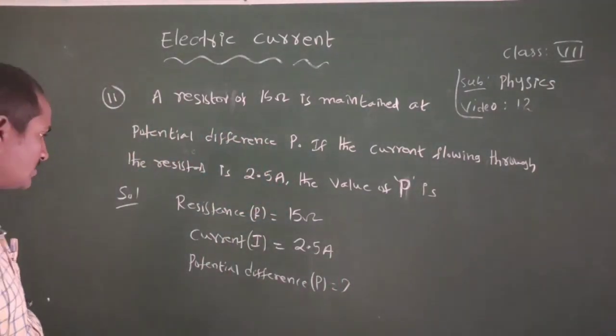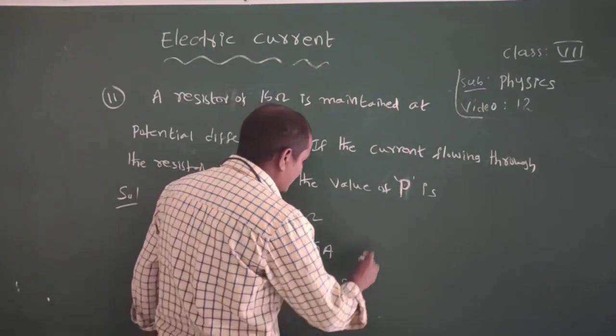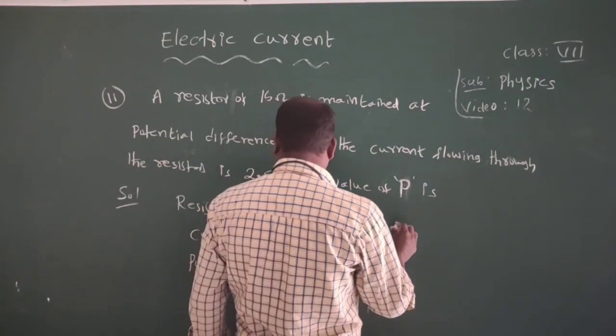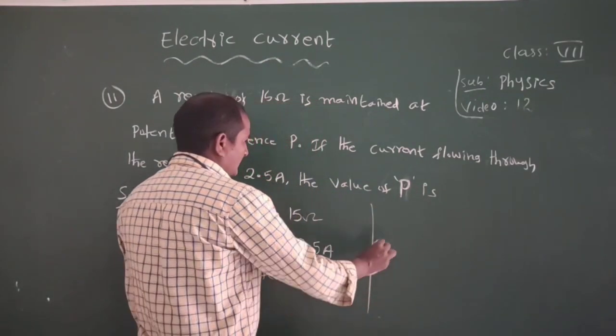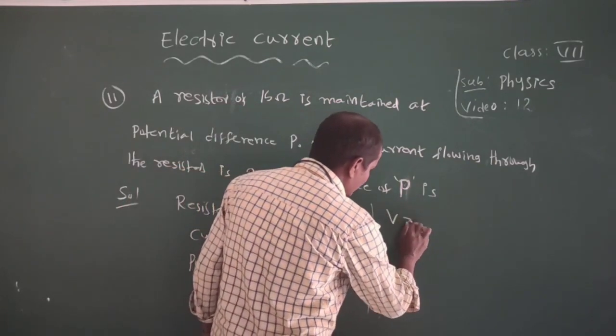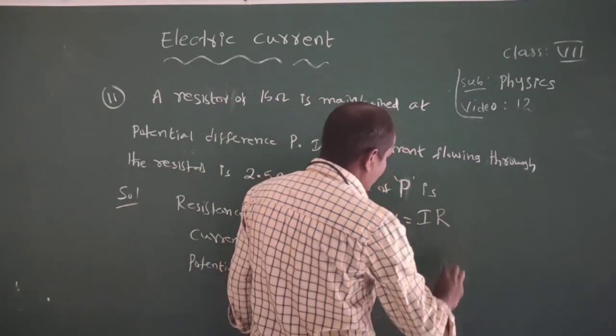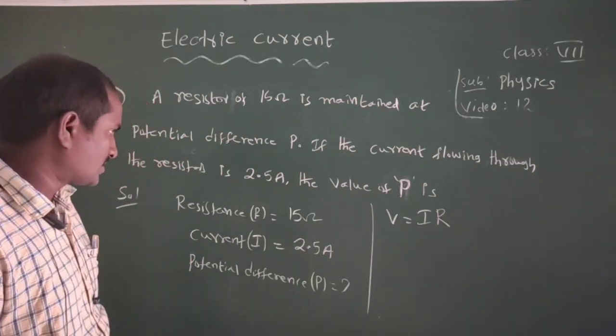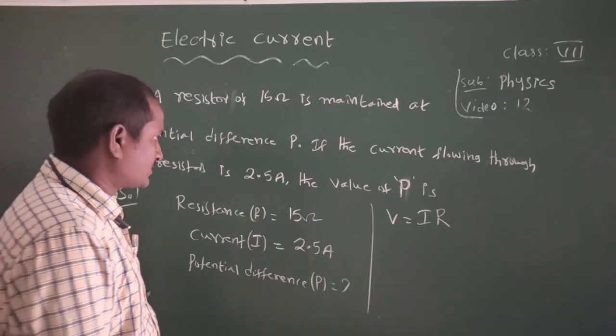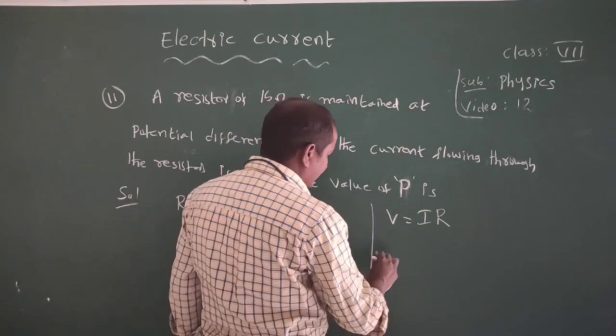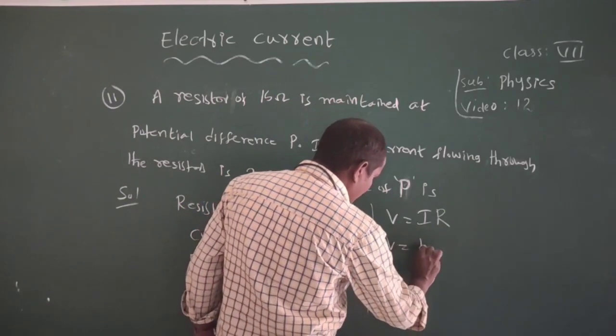Here V is nothing but P. So here V equal to IR. V equal to P, that is potential difference.